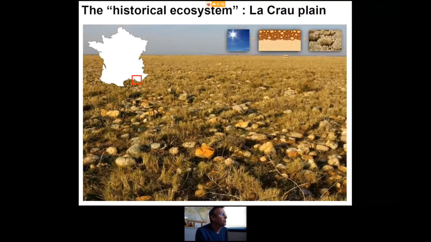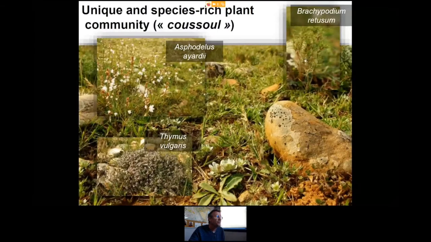So some words about this ecosystem. La Crau is in southern France. It is really an area of grassland and no trees, as you can see. It is the result of a Mediterranean climate, a particular shallow soil, and of course the practice of grazing. It is a unique and specific plant community, like plenty of other types of ecosystem in the world.